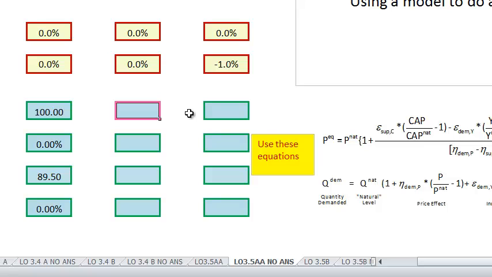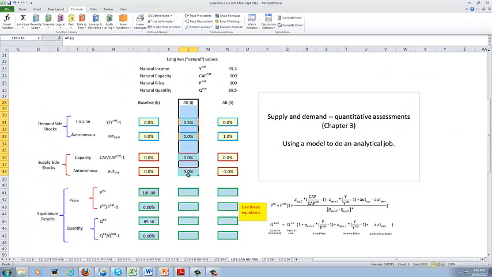So now we're going to calculate prices and quantities under these alternative scenarios. In scenario one, we're assuming a little bit of an upturn in the world economy, 1/2% above the natural value. And then here we're looking at an autonomous shock, another increase to demand.